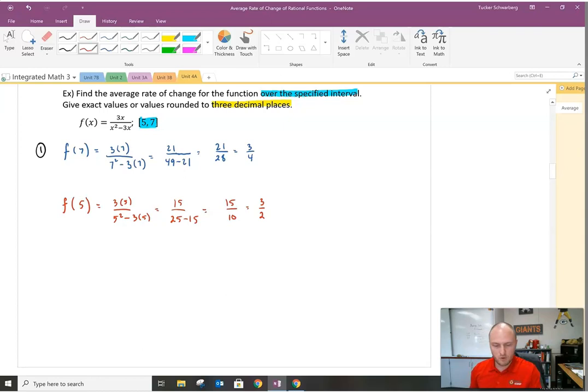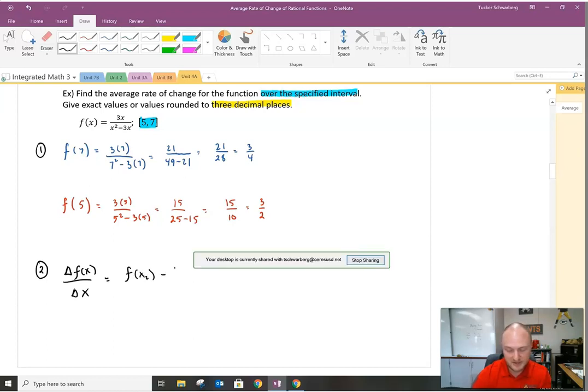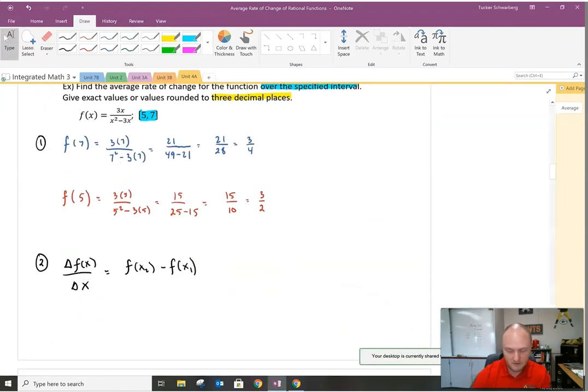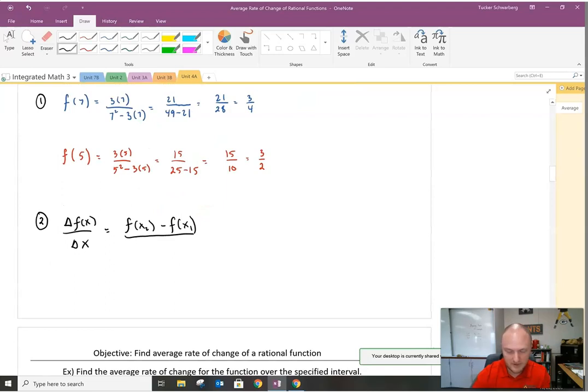Okay, so next, step 2, I'm going to plug these values into our formula. Again, we want our delta f of x, the change in our y values over the change in our x values. So what is f of x2 minus f of x1 over x2 minus x1?